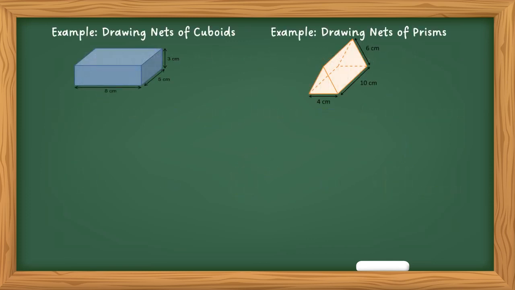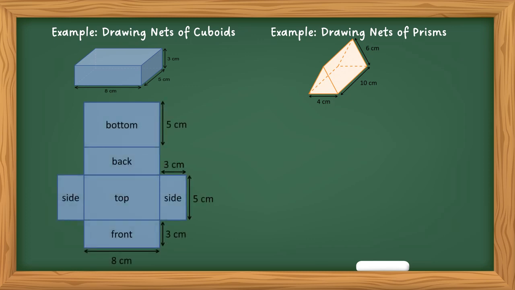Here are some further examples of nets of cuboids and nets of prisms. If you take these dimensions and flatten them out, you can see that they match exactly the dimensions of the two-dimensional shape. This is what you do when you're working out the surface area of a cuboid or a triangular prism, rectangular prism.